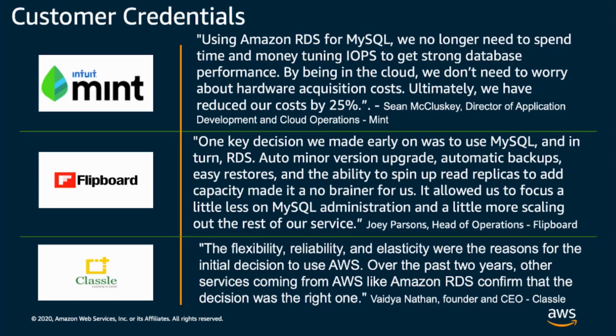When they adopted RDS MySQL, they found that they don't need to worry about hardware acquisition or tuning databases from an IOPS performance perspective. With RDS, they can quickly spin up resources, and RDS also helped them convert their capital expense to variable expense so that they reduced their cost by 25%.